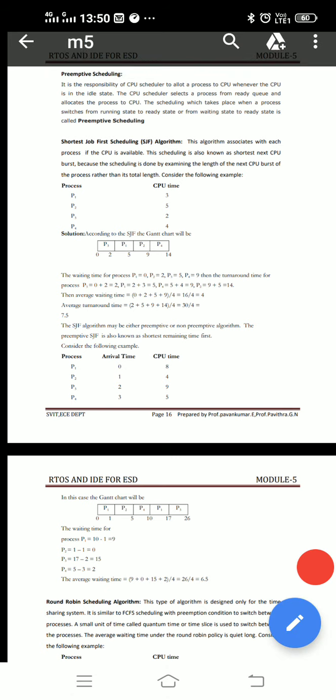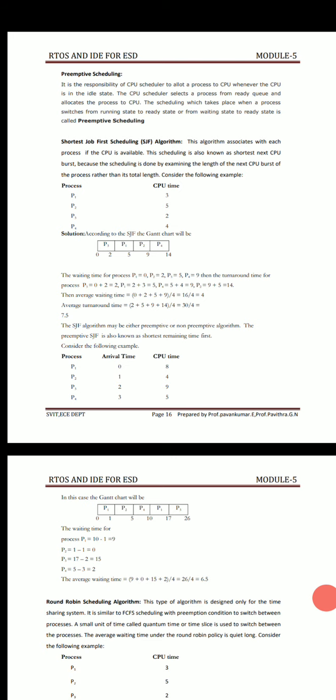So here we have an example. It has four processes, P1, P2, P3 and P4, and CPU time for the process P1 is 3, for process P2 it is 5, for process P3 it is 2, and for process P4 it is 4.